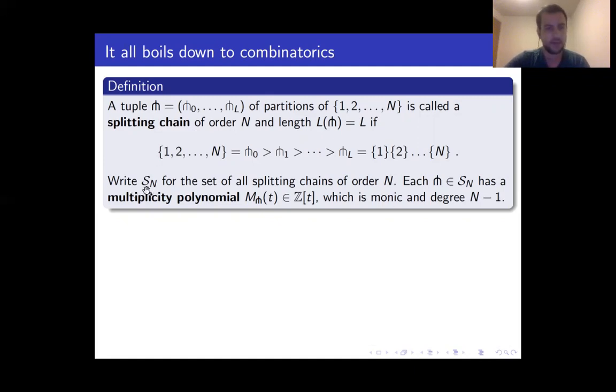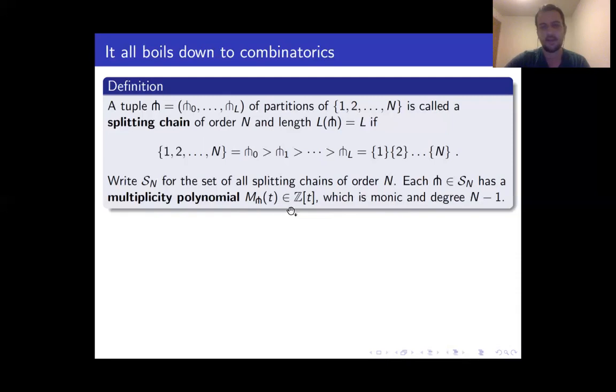Okay, so we're going to write that set as Sn. And I want to note here that each splitting chain has something called a multiplicity polynomial. And this is a really nice polynomial, but it takes a more in-depth look at splitting chains to actually define it. So for now, I'm just going to say that it's monic in degree n minus 1.